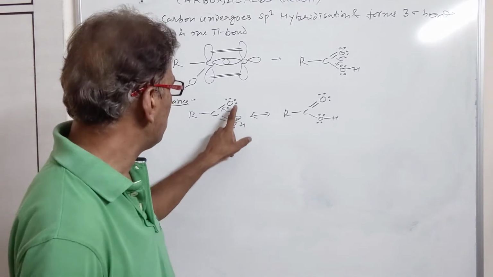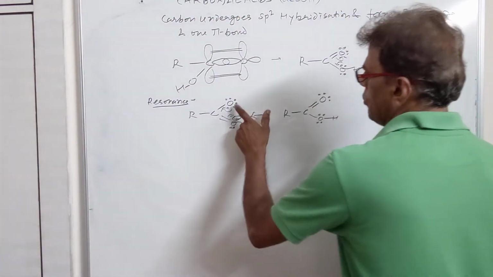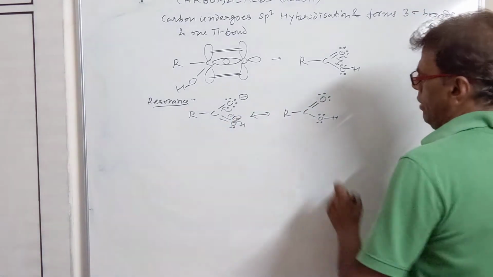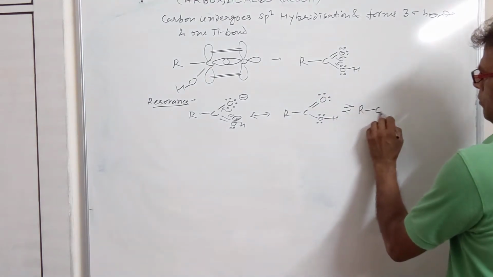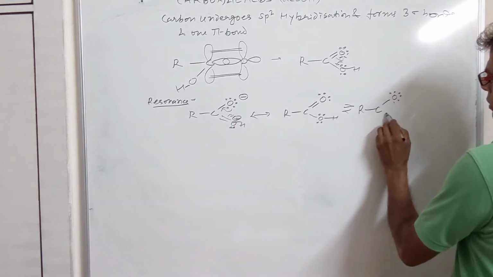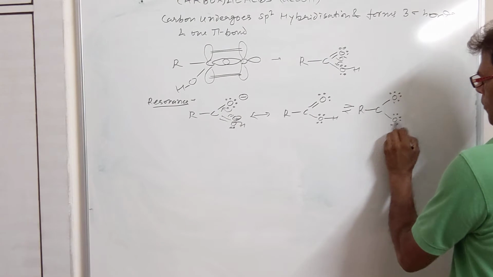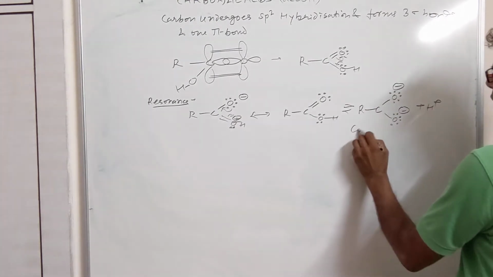This is positive center, this will be the negative center produced by the transference of electron, and when it loses electron, it will be giving this structure. This oxygen is negatively charged, and this oxygen is also negatively charged. This is called as carboxylate ion.